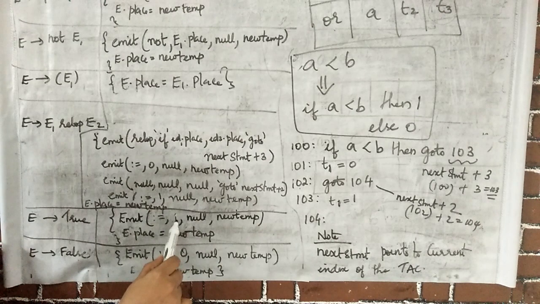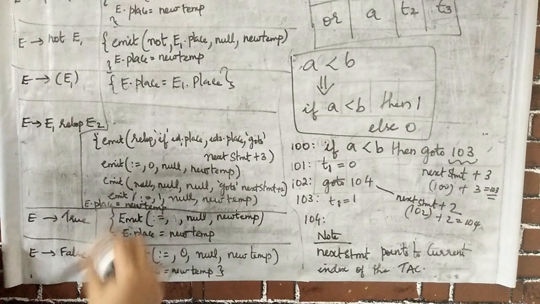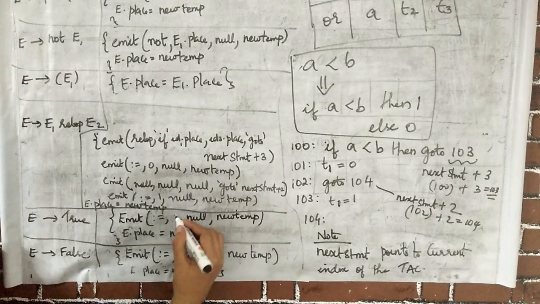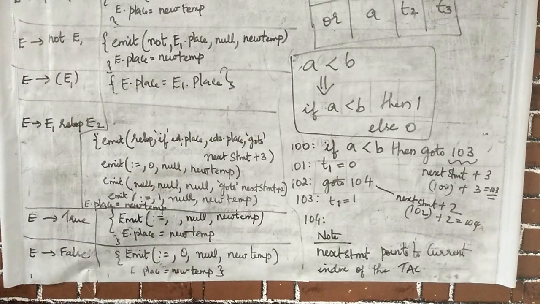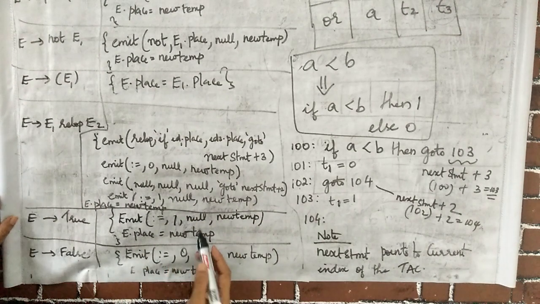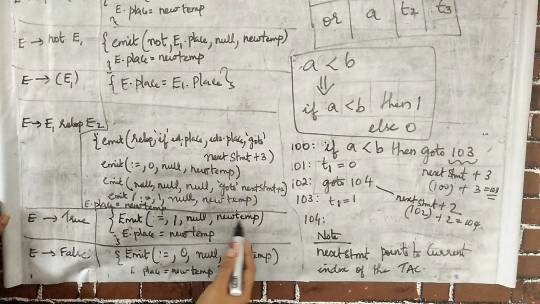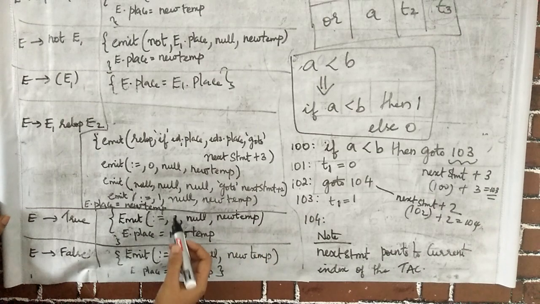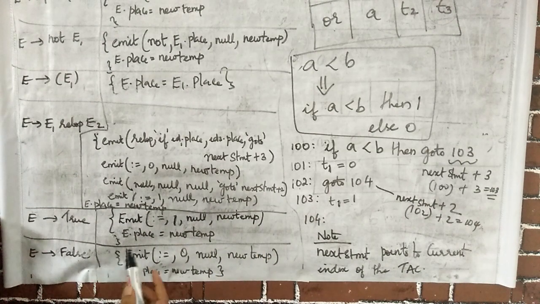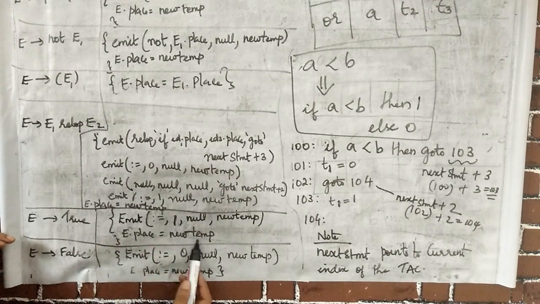Value 1 has to be given as the first operand, and we don't have any second operand. So emit assignment, 1, null, new temp. So the temporary variable must be assigned with the value 1. Again E.place is equal to new temp.